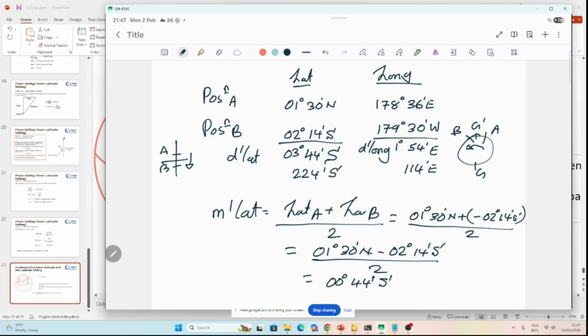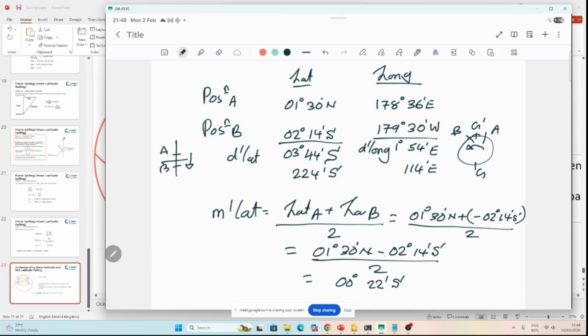Oh, sorry. We are divided by 2 as well. So the answer is going to be 0 degrees 22 minutes south.